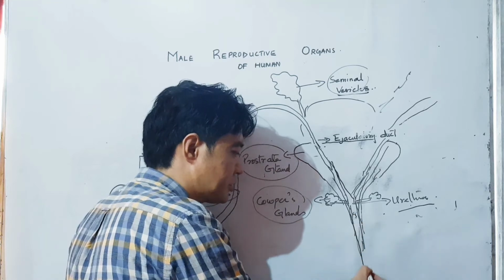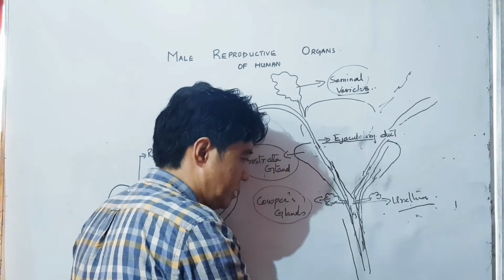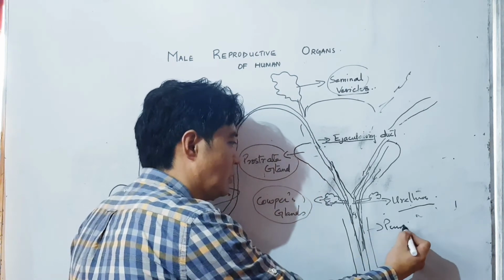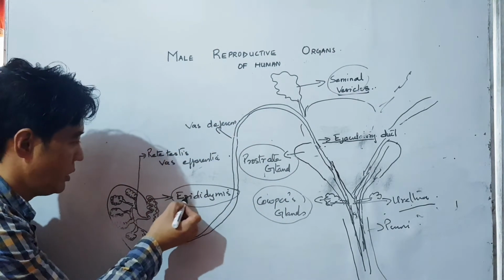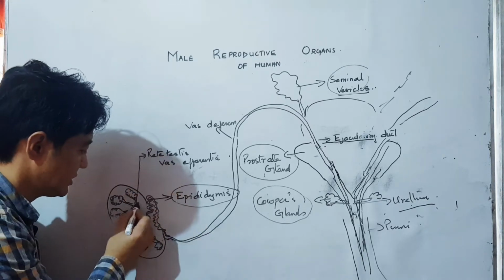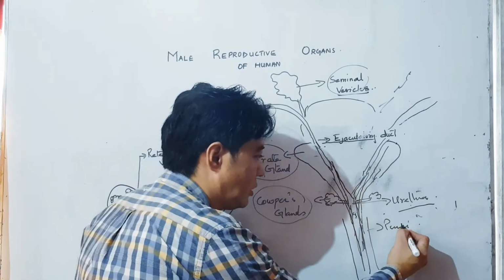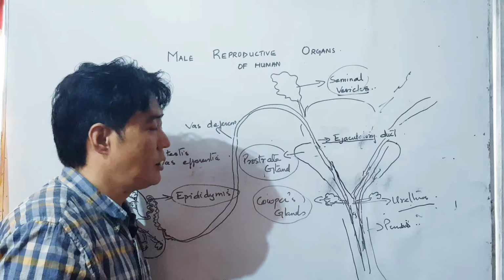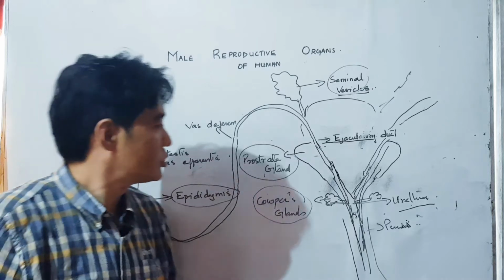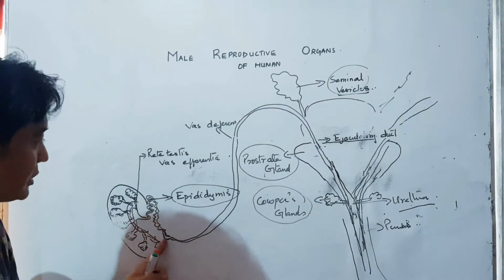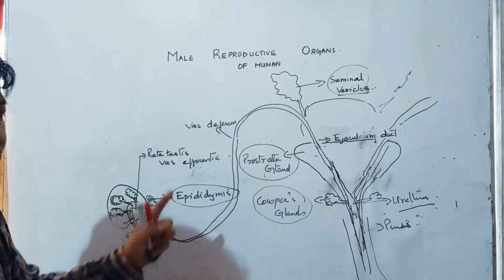It ultimately leads to the external reproductive accessory organ, that is the penis. From the rete testis up to the external organ penis, all these are accessory organs, or secondary reproductive organs of male. All the tubules which you have seen here are the spermatic cord where sperm travels.